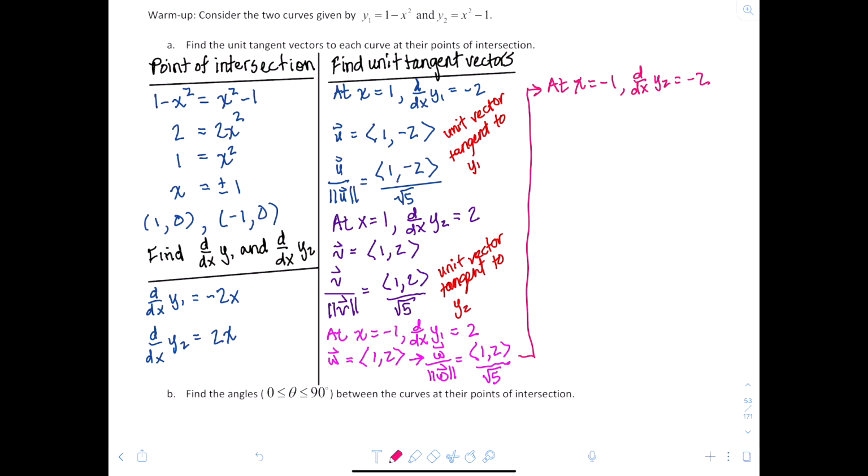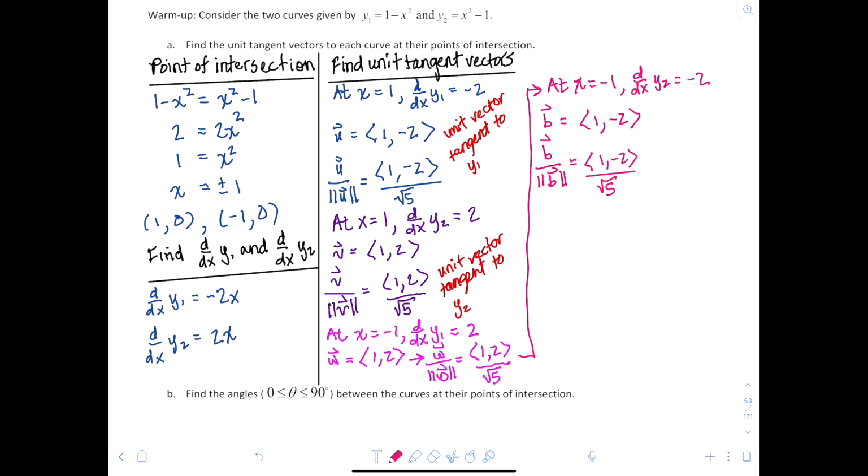So we could say 1, -2. And then vector B over the magnitude of vector B is going to be equal to 1, -2, and again we get the same magnitude of root 5. Cool, cool?